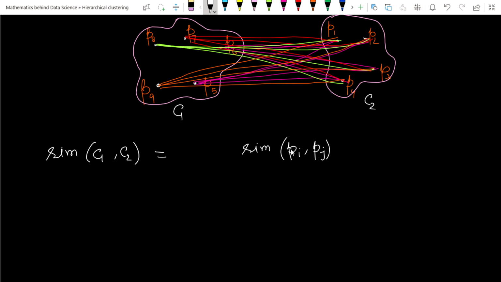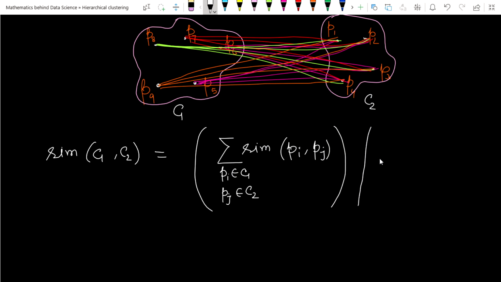First we compute the summation, where the point Pi lies in cluster C1 and Pj lies in cluster C2. After computing it, we make the average, meaning we divide the summed value by the number of data points, the number of pairs on the cluster set.